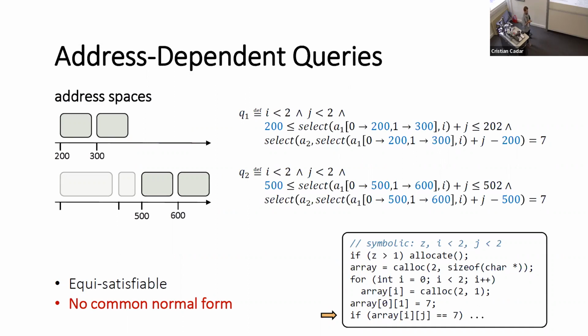So these two paths have a slightly different sequence of allocations, which eventually results in syntactically different queries. But note that actually these queries are identical up to those constant address expressions, and actually they're also equisatisfiable. But again, since you don't have the same normal form, standard query caching doesn't help us in this case, and we have a cache miss.